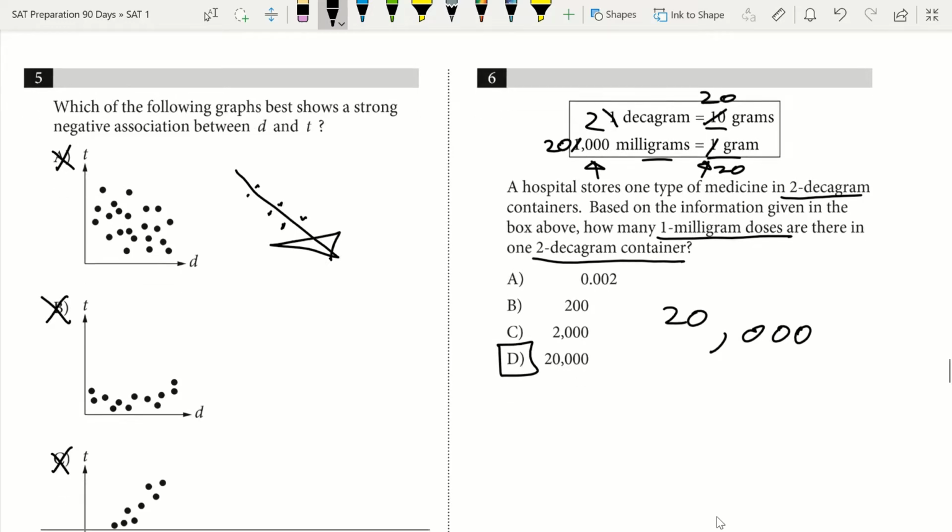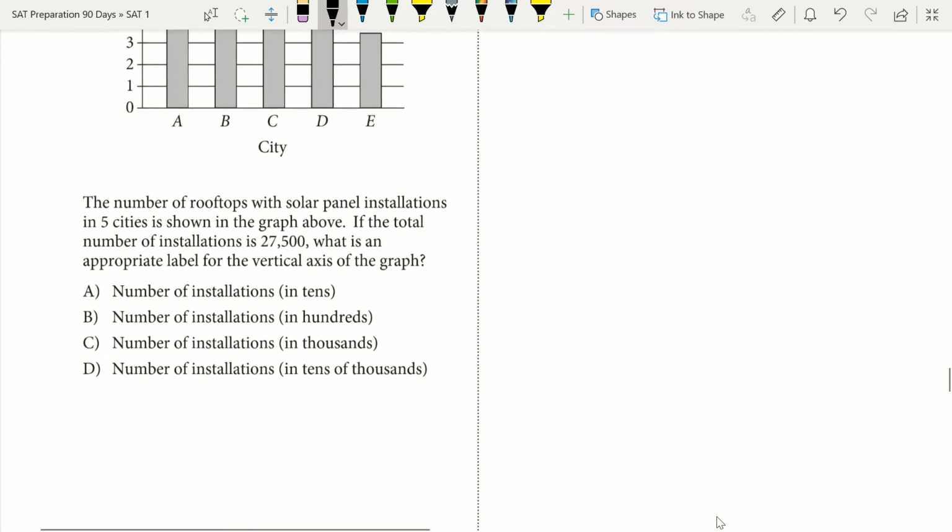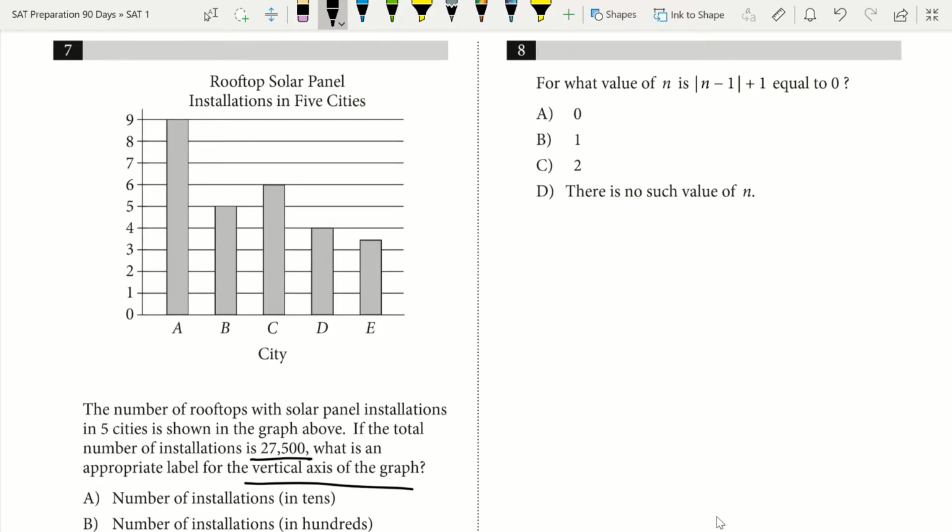Question number 7. We've got rooftop solar panel installations in 5 cities, shown in the graph above. If the total number of installations is 27,500, what's an appropriate label for the vertical axis? That 27,500 has to be the sum of all of our bars. I see 5 bars, with an average of right around 5 or 6.